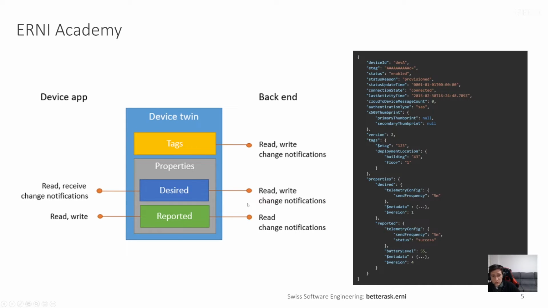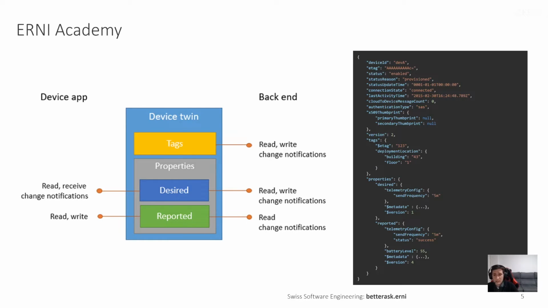So what is a device twin? The device twin is just a JSON document that the IoT Hub maintains for every device. So every device that you create has a device twin. And these device twins are a JSON composed basically of three things. Tags, which are just for the backend.